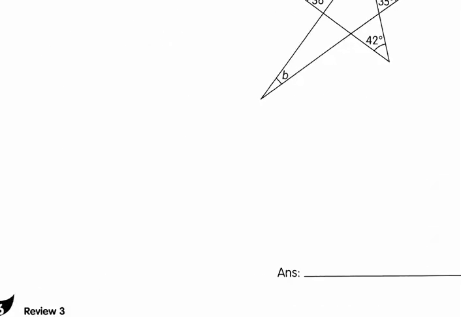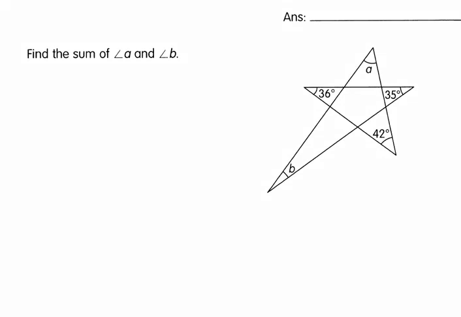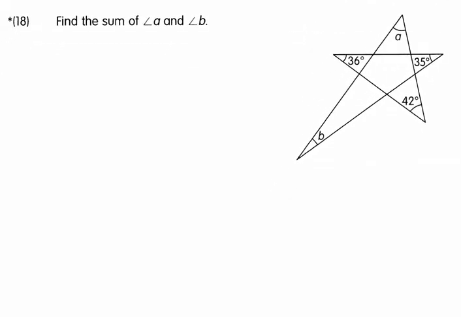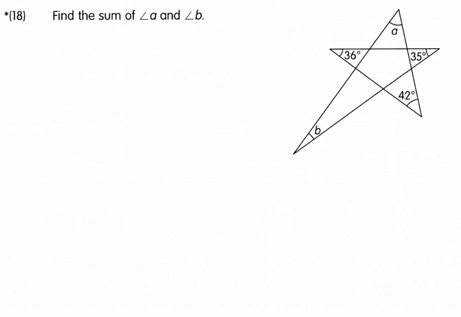You are supposed to find the sum of angle A and angle B. So you want to find this plus this. Correct? Yes? Okay. Now, what do we have? Let me see the questions.